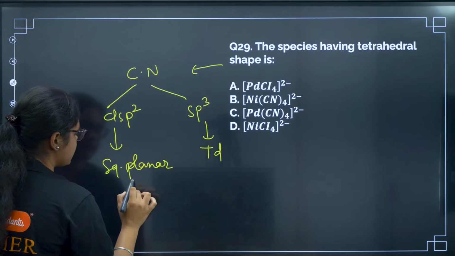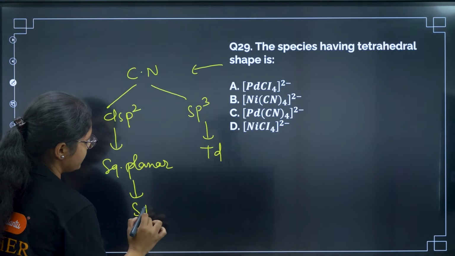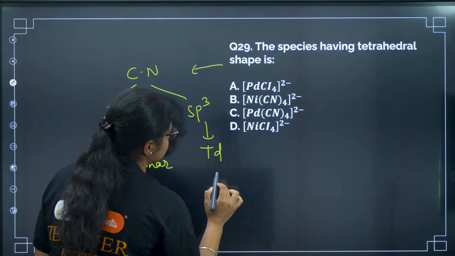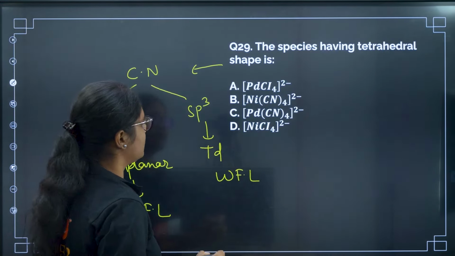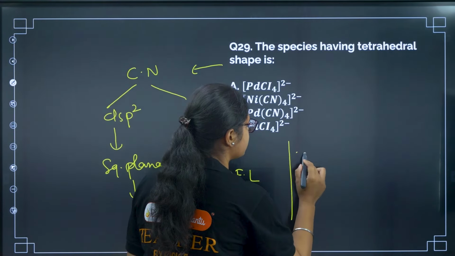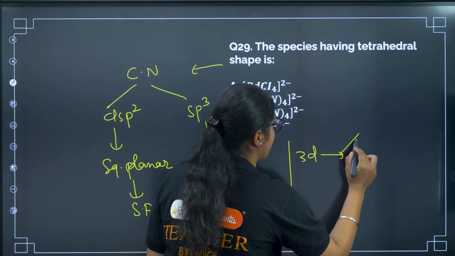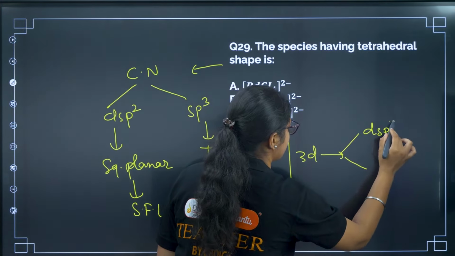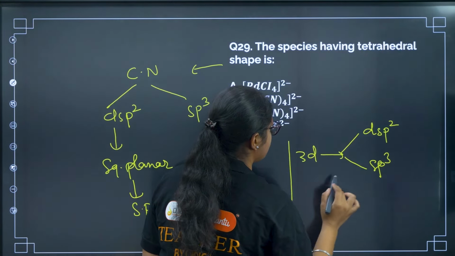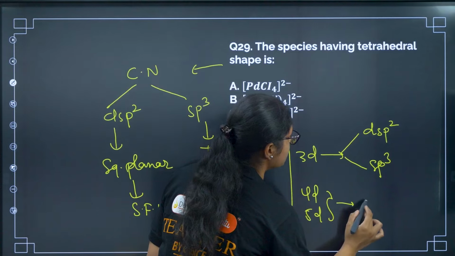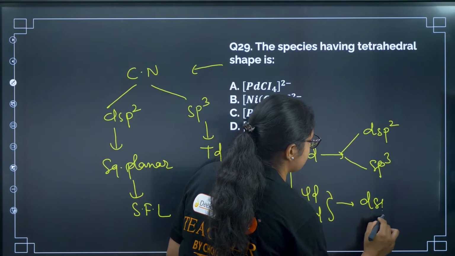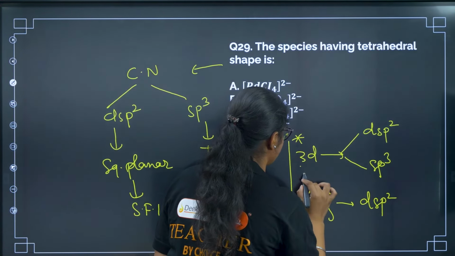Now dsp2 is generally found when there is a strong field ligand and sp3 is generally found when there is a weak field ligand, right? Now 3d elements can have these two hybridizations, but in case of 4d elements and 5d elements, it will always be dsp2 hybridization. This point also you should remember.